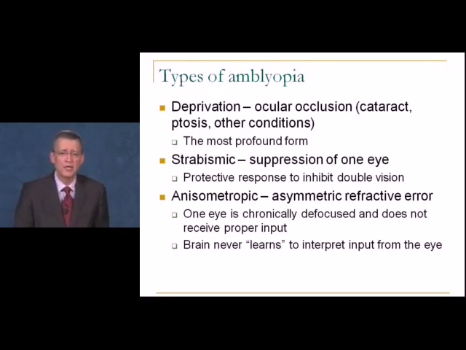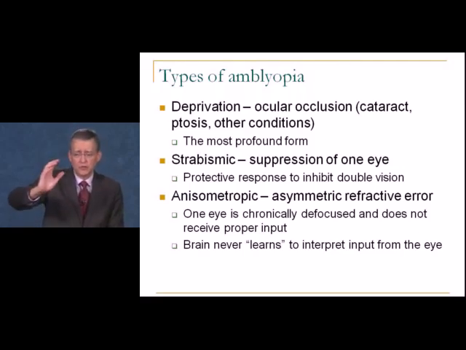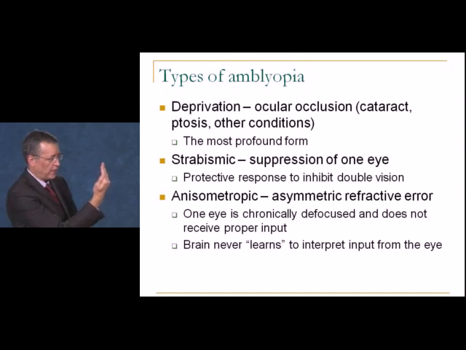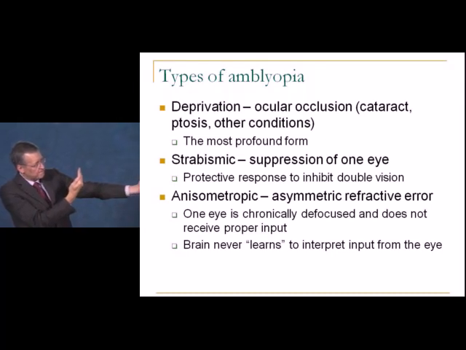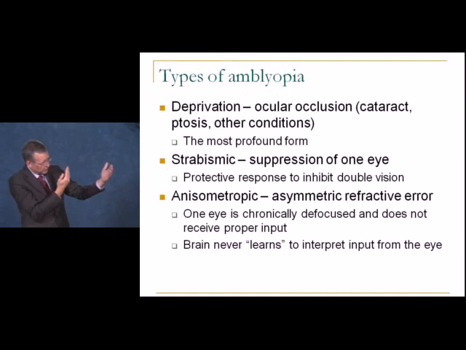And then anisometropic amblyopia is where one eye is in best focus up close without having to work, and the other eye is in best focus far away.